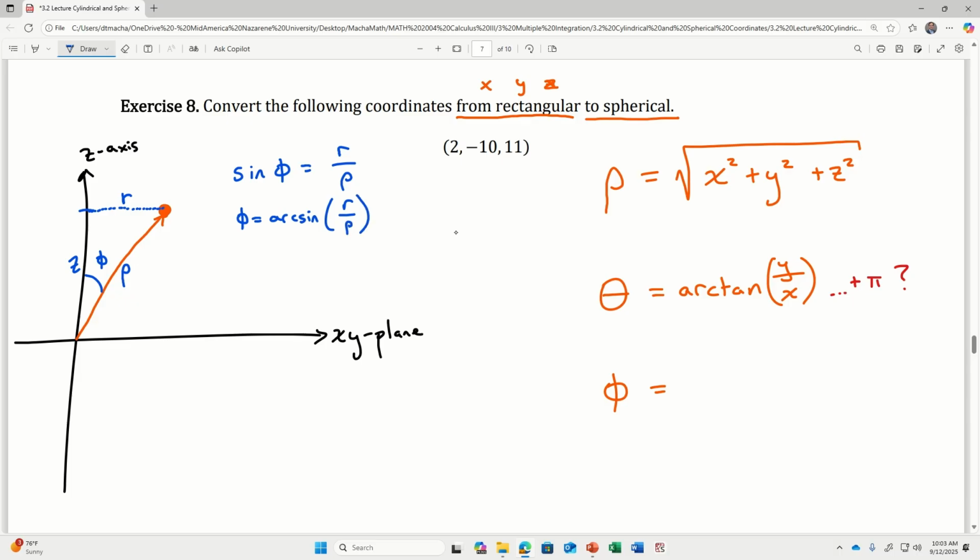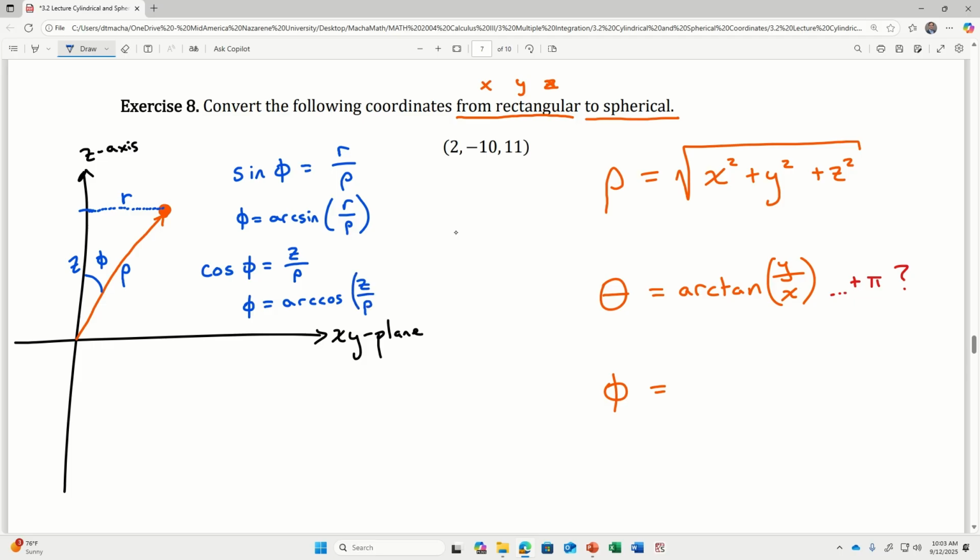And that way I could calculate phi as being arc sine of r divided by rho. Or we've got options. We could actually say cosine of phi is what? Z over rho, because it's adjacent over hypotenuse. And so that way phi is the arc cosine of z divided by rho.